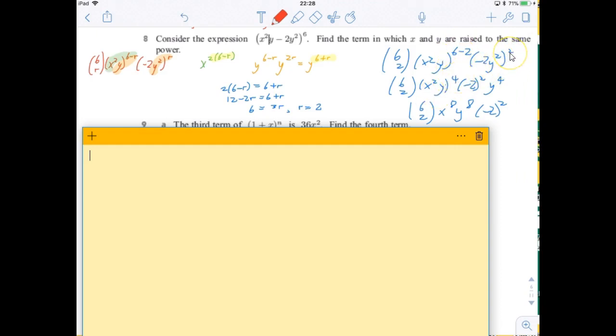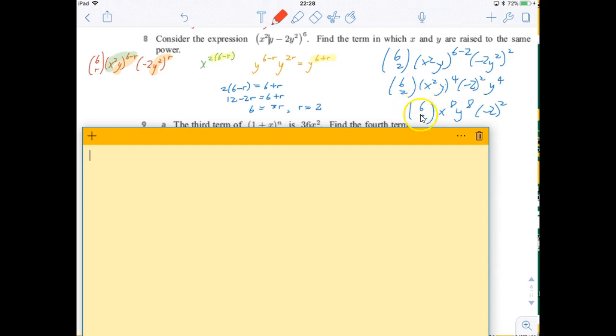I distribute the exponent to everything inside. Separating out the y components, y to the 4th times y to the 4th is y to the 8th. x squared to the 4th is x to the 8th. And negative 2 squared is actually just 4, but I didn't even multiply it out, because the important thing is that we did find the term in which x and y are raised to the same power, which is 8 and 8.